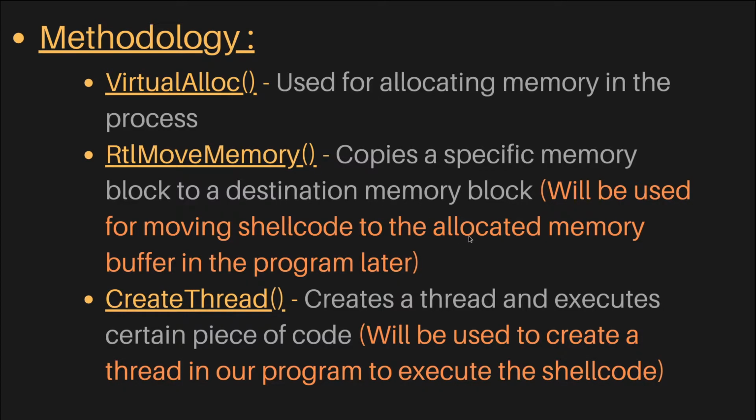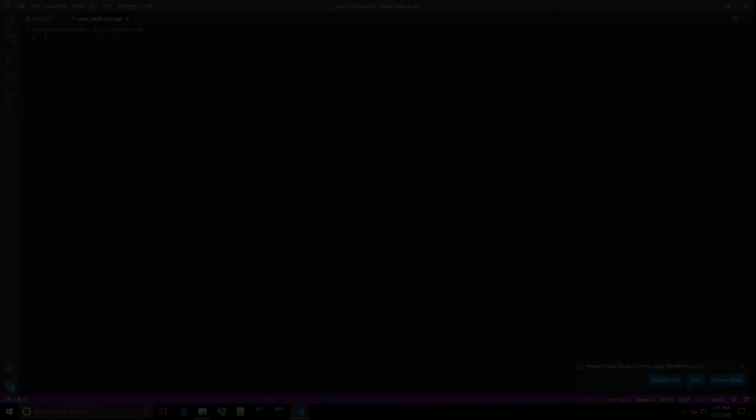Now I know that this sounds confusing, and it is a bit complex, but don't worry. When we get to the programming part, everything should make sense. I'll also mention some links in the description for you to read the documentation. So with that being said, let's get to the practical part.